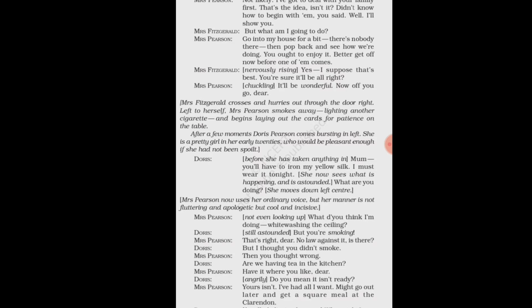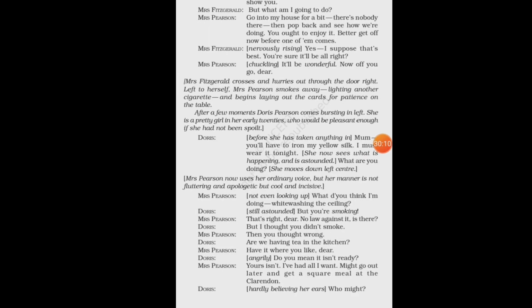After a few moments, Doris Person comes bursting in left. She's a girl in her early 20s and would be pleasant enough if she had not been spoiled. So here, Doris is Mrs. Person's daughter, a pretty girl in her early 20s, but a spoiled child.